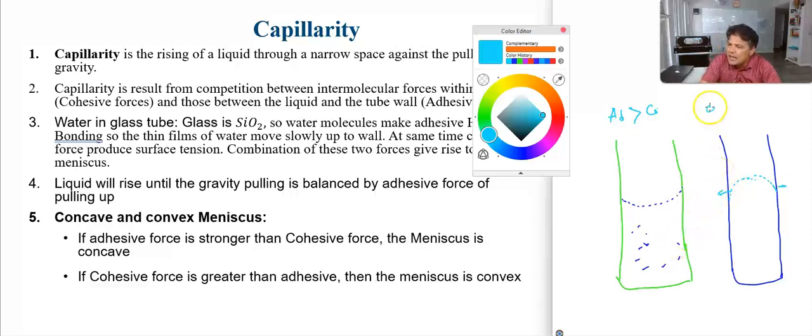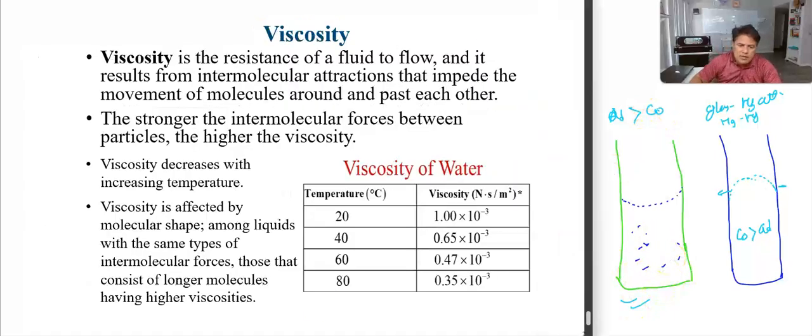The attraction between silicon dioxide glass and the mercury is way less than the mercury-mercury attraction. So that's why this kind of meniscus happens. In that case the cohesive force is greater than the adhesive force. In the previous case the adhesive force is greater than the cohesive force. So in that way we have the concave and the convex types of meniscus.